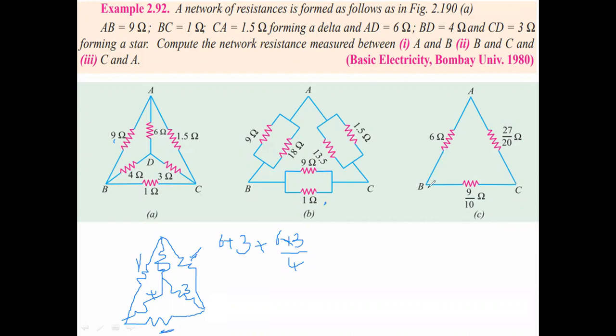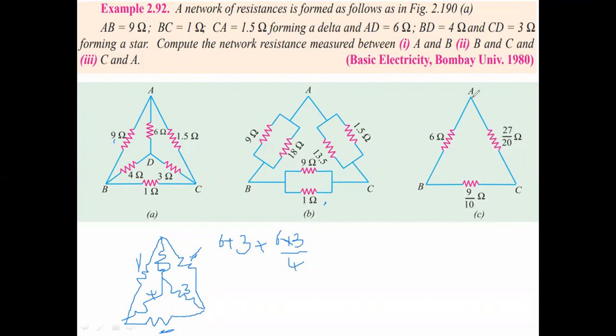From that we can find the resistance across any two terminals. Suppose we have to find A and B: these two are in series, and the obtained value is in parallel with 6 ohms. Similarly, you may be asked to find the resistance across B and C, or between A and B, B and C, and C and A. Once you obtain this network, you can find them easily. For B and C, these two are in series, and the obtained value is in parallel with 9 by 10.